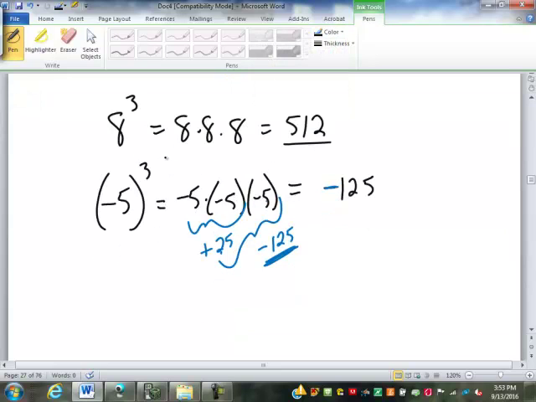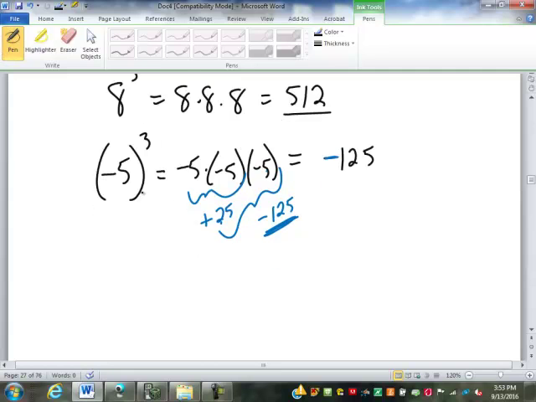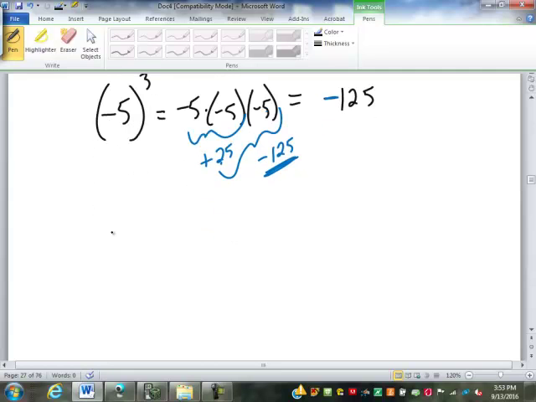Have you all figured out how to enter powers on your calculator now? With the caret key or the XY key? So if you do negative 8 squared, try that and tell me what it comes out to be. Positive 64 or negative 64? Did anybody get a negative? I did.